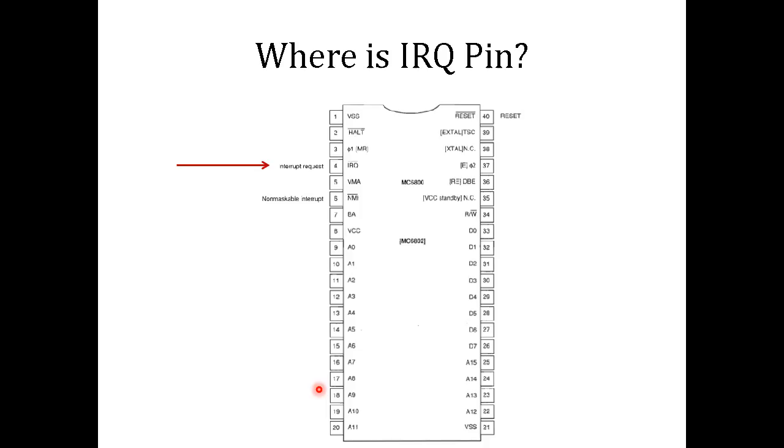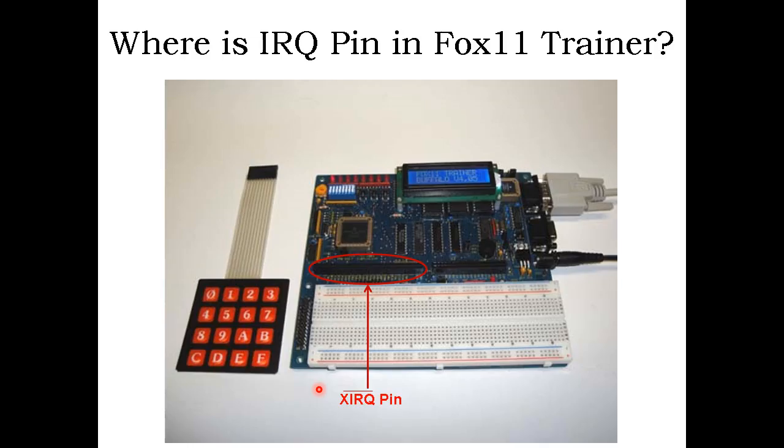But how can you reach this pin? In our case, you can't reach the microprocessor directly and connect to the pin. How can you reach it? Very easily, because that pin is also connected to the black slot. In the black slot, you will find a pin called the XIRQ pin. That is the pin you need to look at.